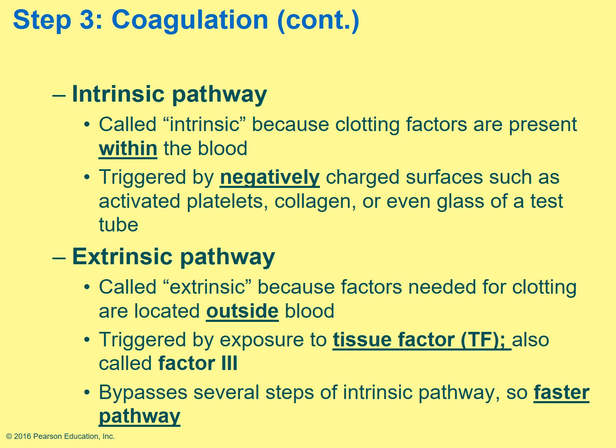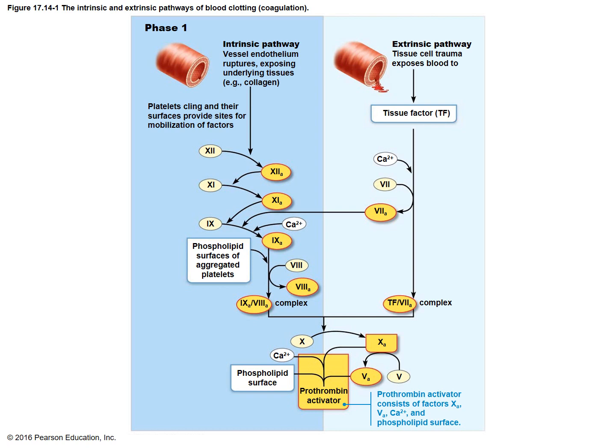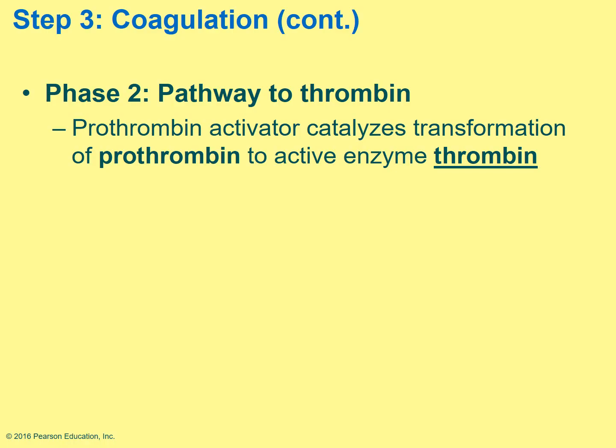The extrinsic pathway is, but as you can see here, they're both going to end up with activating the prothrombin. In phase 2, the prothrombin, now that it has been activated, is going to activate the enzyme.